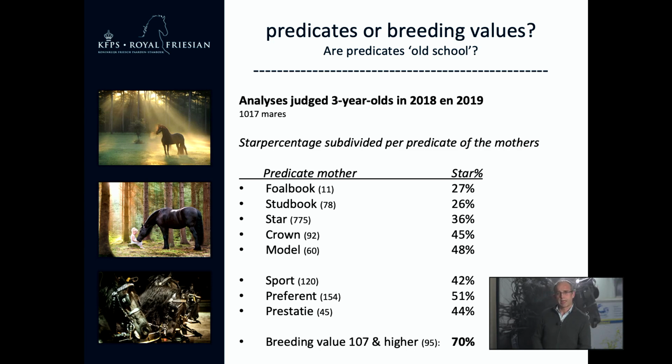So the horses with the highest breeding value actually did a lot better even than the model mares, and also better than the prevalent mares. So actually this is the best proof that selection for breeding values is a lot more powerful than selection for predicates.